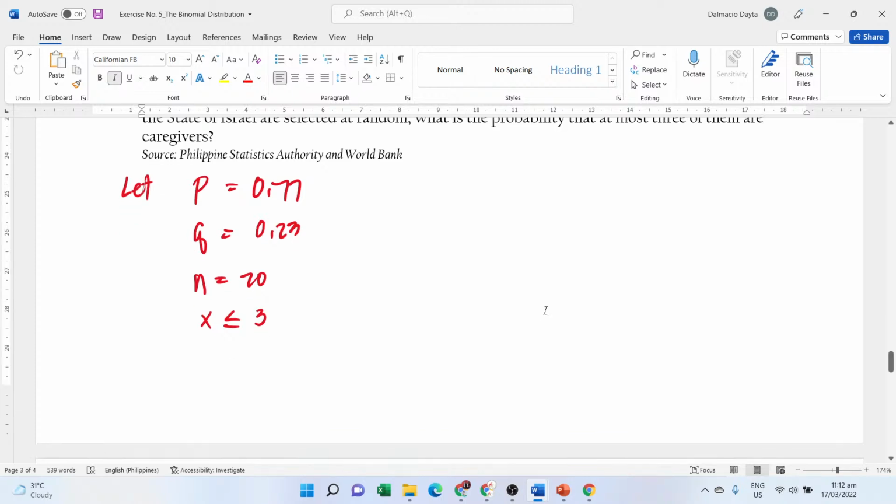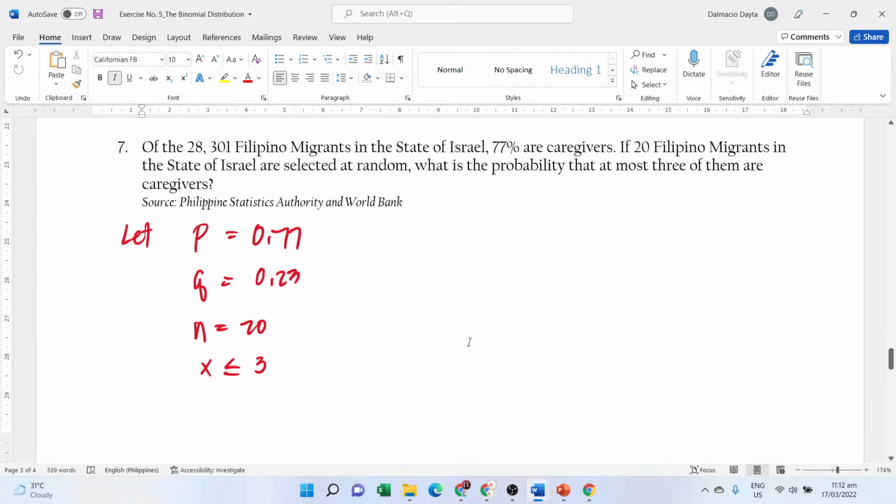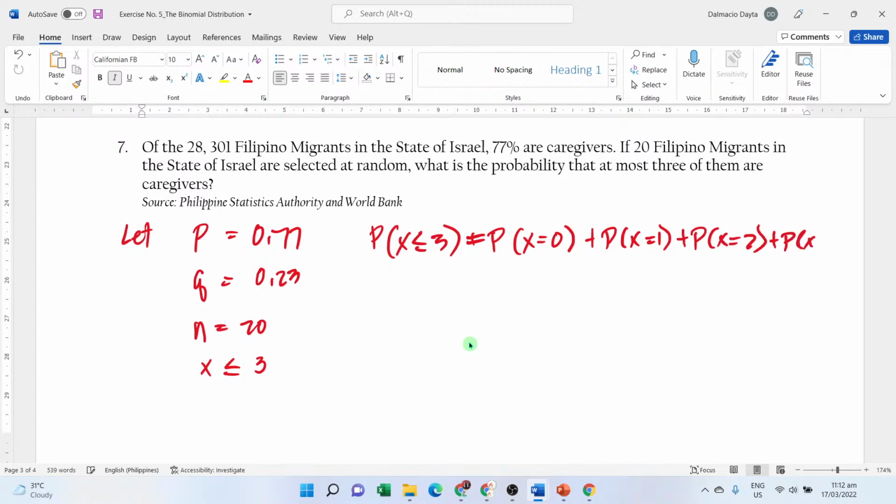So katulad kanina, no? The probability natin will be P of x is equal to the sum of P of x equals 0, plus P of x equals 1, plus P of x equals 2, plus P of x equals 3.